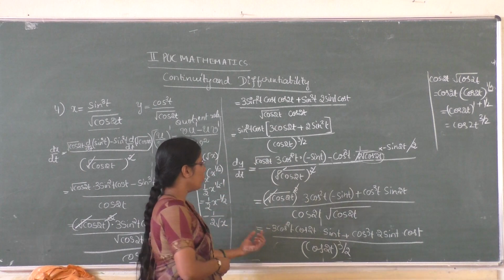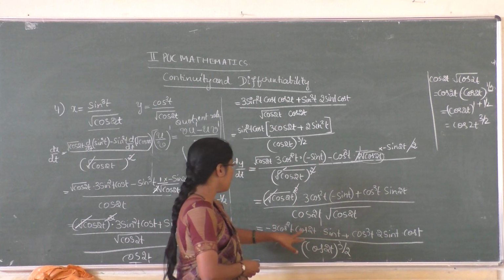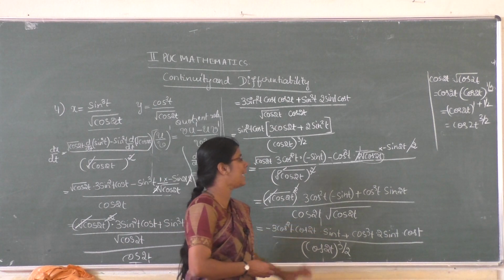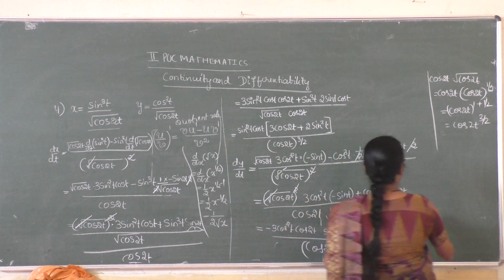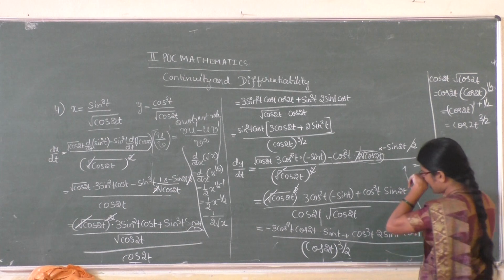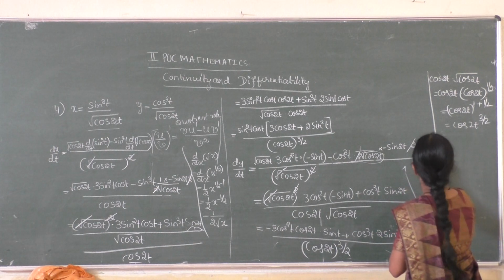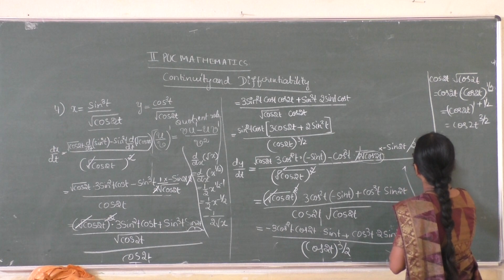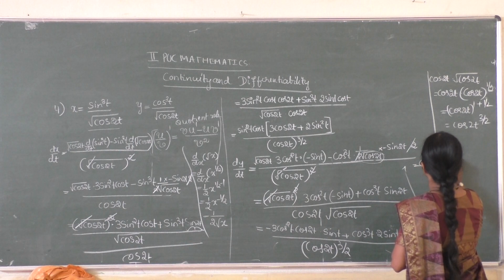So now what we do? You take cos square t into sin t common. So here the next step, from here we get this, that is we take cos square t into sin t common.